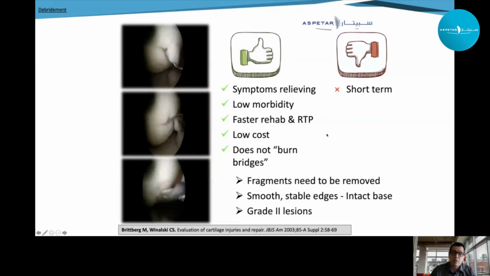And in my opinion, the major advantage is that it does not burn any bridge, so you can use it as a tool inside the season, during the season, and then you can come up with a final treatment. Although in some cases it is reported that even with a simple debridement, several cases are going fine down the line after 2, 3, 4, 5 years without the need of further intervention.